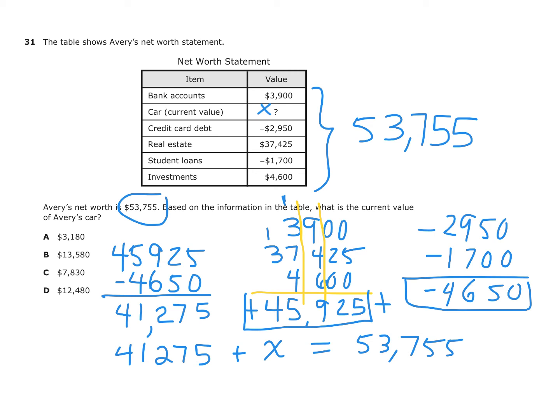So what we have to do is subtract the 41,275 from the total, and if we do that, that's going to give us the value of the car. Okay, so up here I have the 53,000, so I can subtract here 41,275.